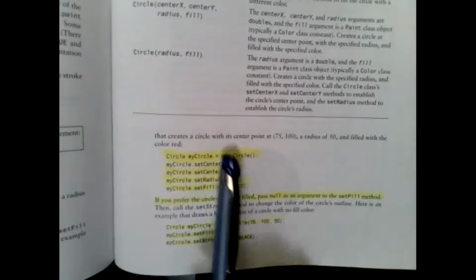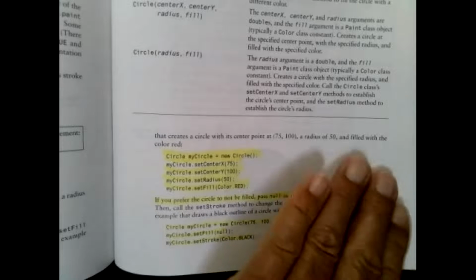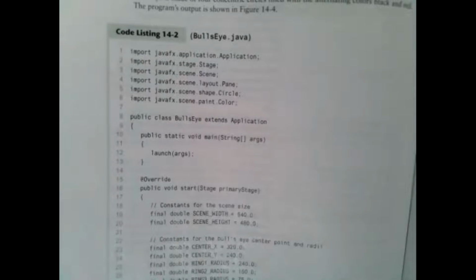There was one way, draw a nice circle and I make it red. Here's another circle. You have code listing 14.2 now because I gave it to you, and it's a bullseye. It comes up to be a bullseye.